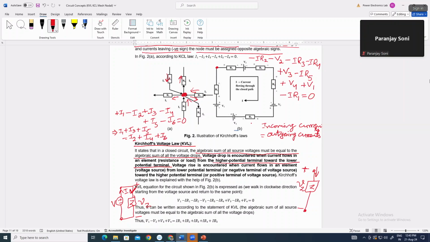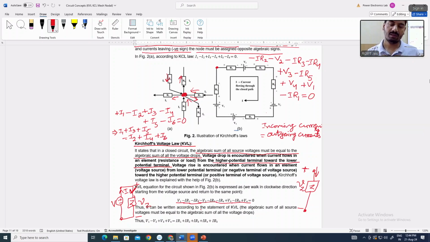No, sir. Okay. So if we rearrange this equation, you can see V1 minus IR1 minus IR2, minus IR3, minus IR4, plus V3, minus IR5, plus V4 is equal to 0.